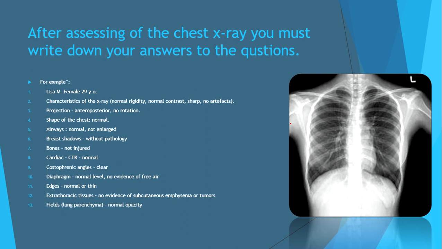We don't see evidence of effusion on this chest X-ray. Diaphragm, normal level, no evidence of free air. Edges, normal or thin. Extrathoracic tissues, no evidence of subcutaneous emphysema or tumors. Fields, lung parenchyma, normal opacity.